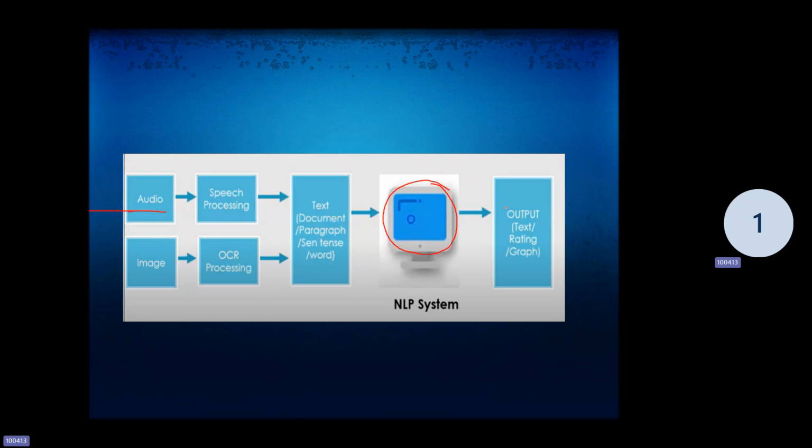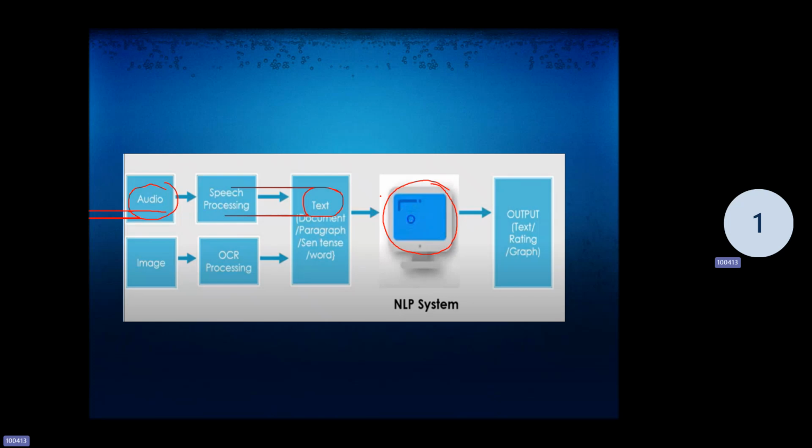Okay, let's take a simple example of Google. There is a mic option in Google where you can speak, means you can give audio input in Google. For example, what is NLP? We give this input as audio, and then speech processing converts this audio into text.